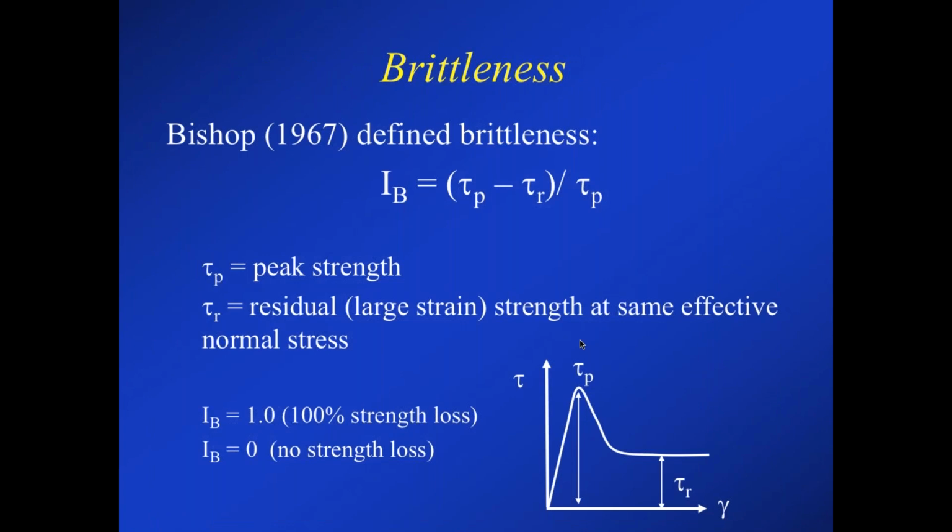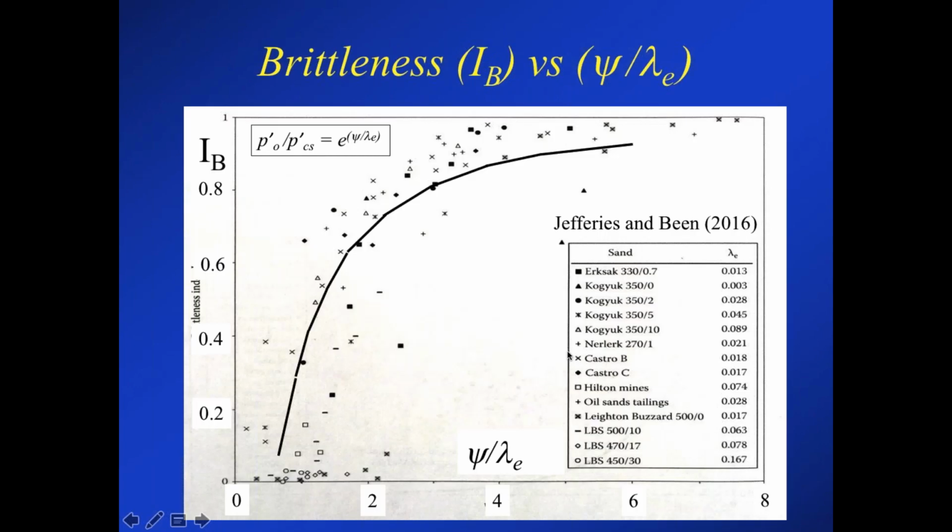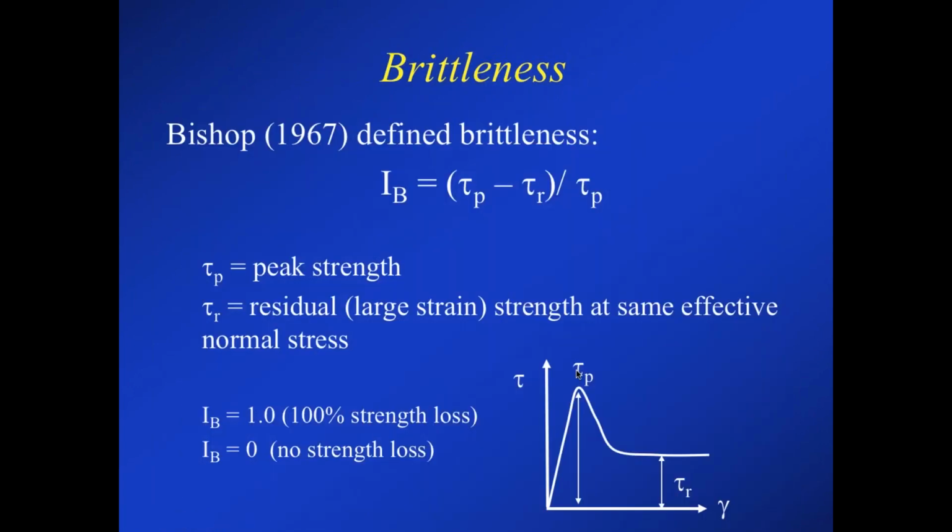Because we're going to talk about strength loss, we could talk about sensitivity to define that, but Bishop back in '67 suggested defining it in terms of brittleness. Brittleness is the loss of strength divided by the peak strength. Sensitivity, of course, would be the peak strength divided by the remolded strength. Here it's the loss of strength.